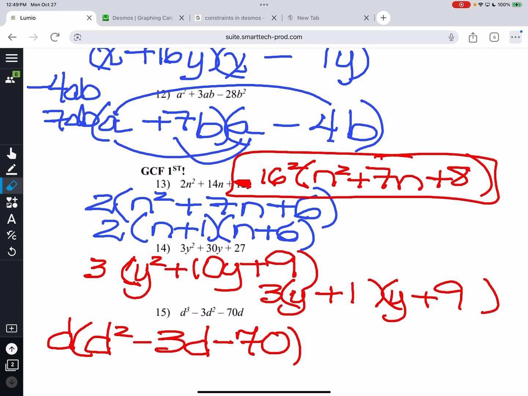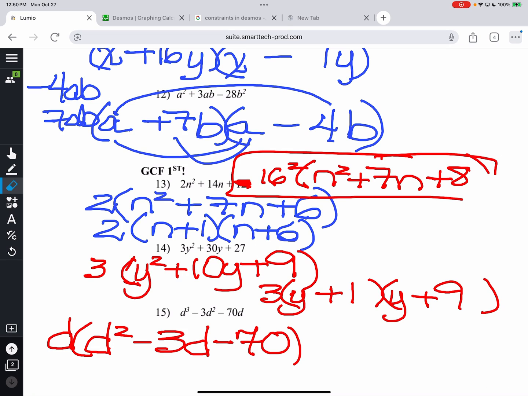It sounds really big. We've got factors of 70 that when we subtract, we get 3. I mean, that just sounds crazy. Who knows what it is? 10 and 7. Yeah, 10 and 7.